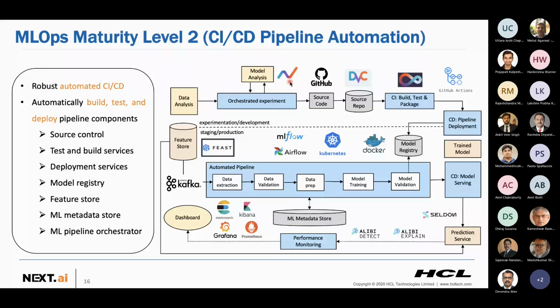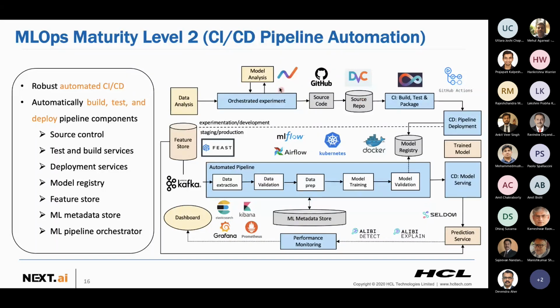Starting from the top, the initial stage is the experimentation stage, as I mentioned in the first slide. So we are using DVC as well as GitHub for source code as well as data version control. In the experimentation stage, we are tracking the information of the metrics, hyperparameters, and additional metadata using DVC Studio.